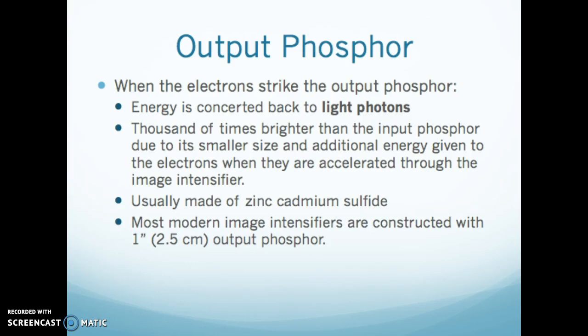It's thousands of times brighter than the input phosphor due to its smaller size, that magnification that I talked about in the last slide, and the additional energy given to electrons as they're accelerated in the image intensifier. So that's that 25,000 volts. It's usually made of cesium cadmium sulfide. Most modern intensifiers are constructed with a 1-inch output phosphor. So all the current output phosphors are 1 inch.